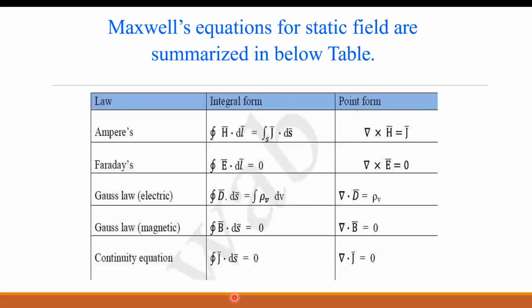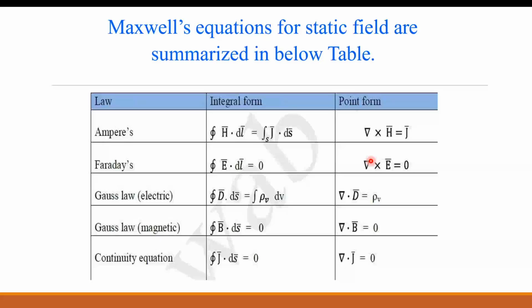First equation is from Ampere's law, or you can consider any one equation. So Ampere's law, H dot dl is equal to J dot ds, that is integral form. Line integration is equal to surface integration, and if it is reduced, then we can write del cross H is equal to J. Faraday's law, from Faraday's law we can write closed integration of E bar dot dl bar is equal to 0, and its point form is del cross E is equal to 0.